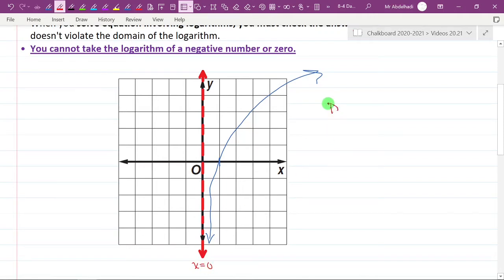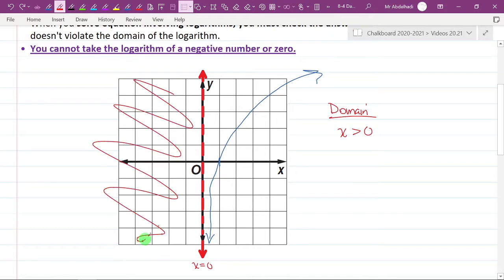So the domain of a logarithm has to be that x is greater than 0, not equal to, just greater than. So you cannot take the logarithm of 0 because a logarithm can never touch 0, and you cannot take the logarithm of a negative number because the negative numbers are all out here, and you can see your blue logarithm never makes it over there.